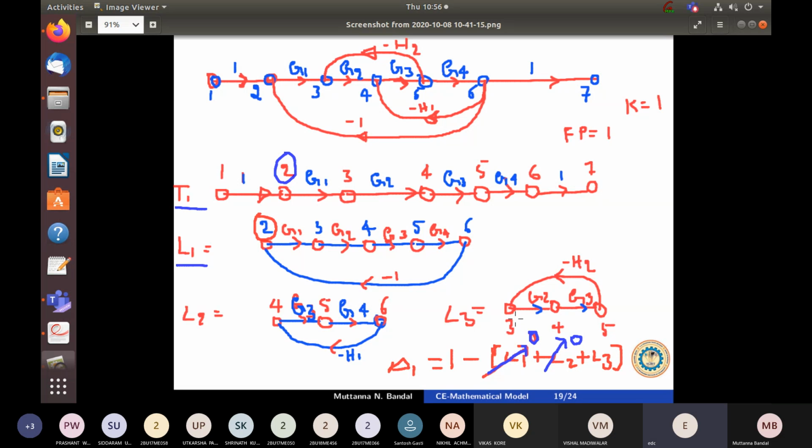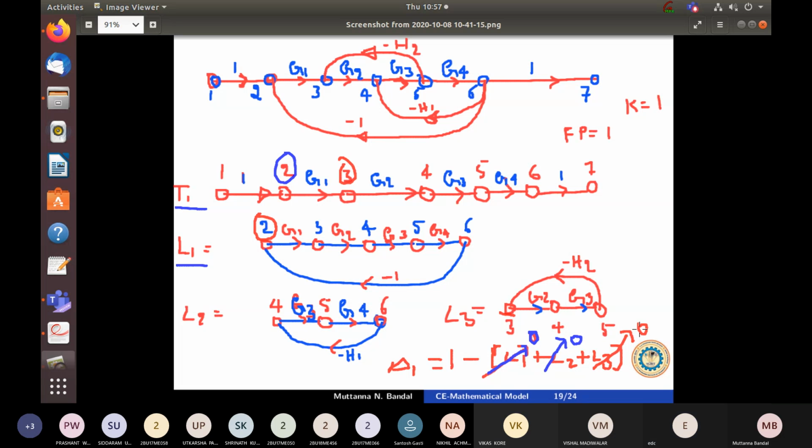So L3 is touching at a 3 here and 3 here. So L3 is also 0. Now you got why I have taken delta 1 is equal to 1 minus L1 equal to 0 and L3 is equal to 0. Clear?